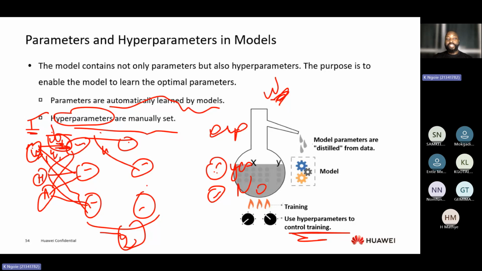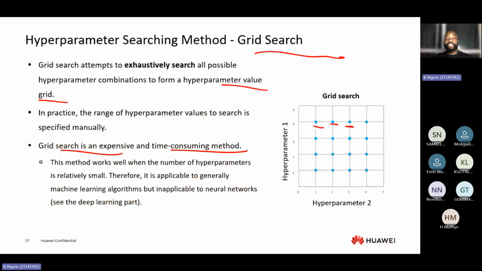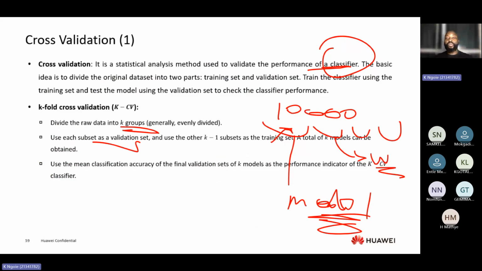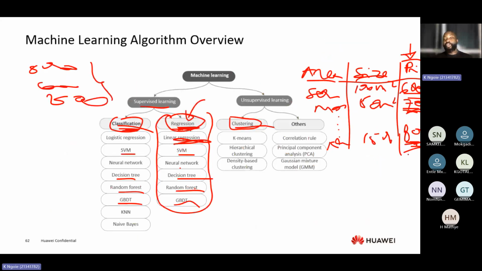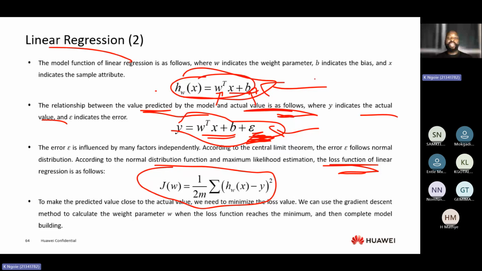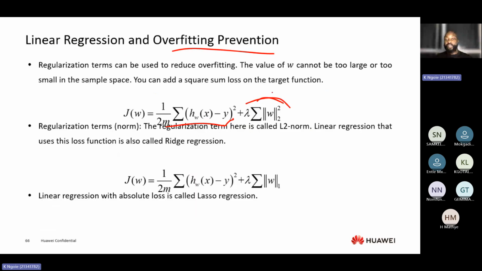We need to tell the machine, limit yourself to certain numbers. Don't just choose any values. Those are what we call regularization, or we can also call them the L norms. We have the L1 norm and the L2 norm. This is where we regulate the weights that need to change.